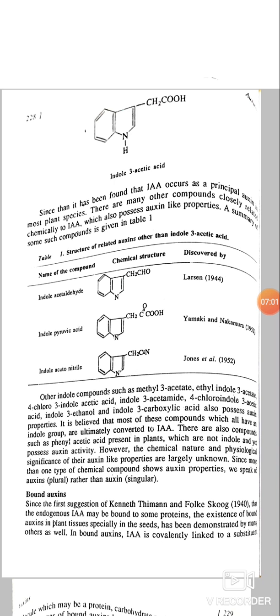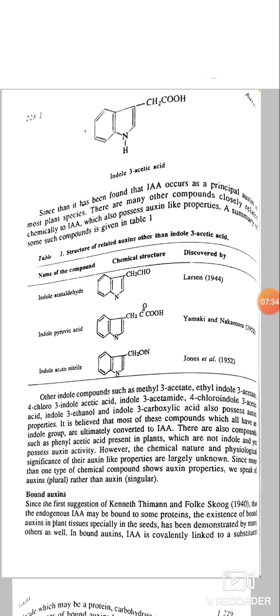Bound auxins. Since the first suggestion of Thimann and Skoog in 1940 that the endogenous indole acetic acid may be bound to some proteins, the existence of bound auxins in plant tissues, especially in the seeds, has been demonstrated by many others as well.